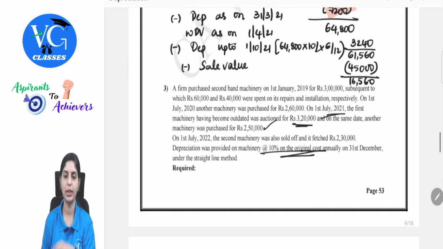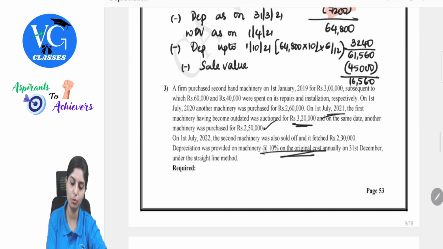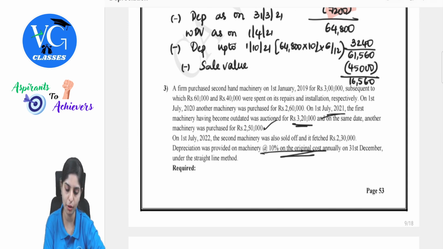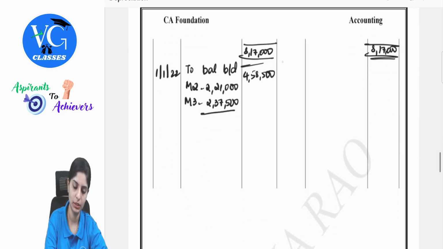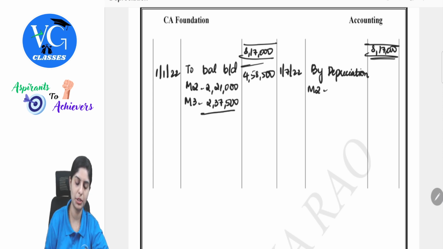What is happening in 22? On 1st July 22, the second machinery was also sold off and it fetched 2,30,000. So first on 1st July, similar to what we did, we will have to calculate depreciation until 1st July for the second machinery. 1st July 22, by depreciation, machinery 2.